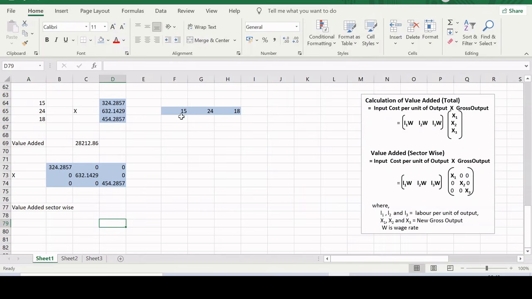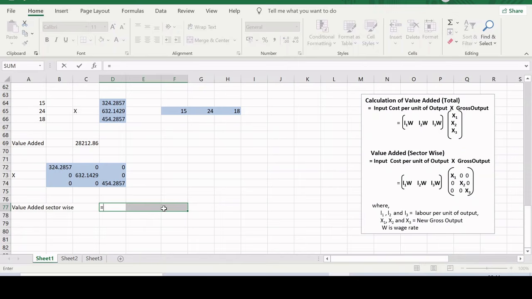Once we multiply these two matrices, we know that the first matrix is of order 1 by 3 and the second matrix is of order 3 by 3. So the resulting matrix will be a matrix of order 1 by 3. So after selecting the range for the resulting matrix, which will be a 1 by 3 order matrix, we need to use the MMULT function.